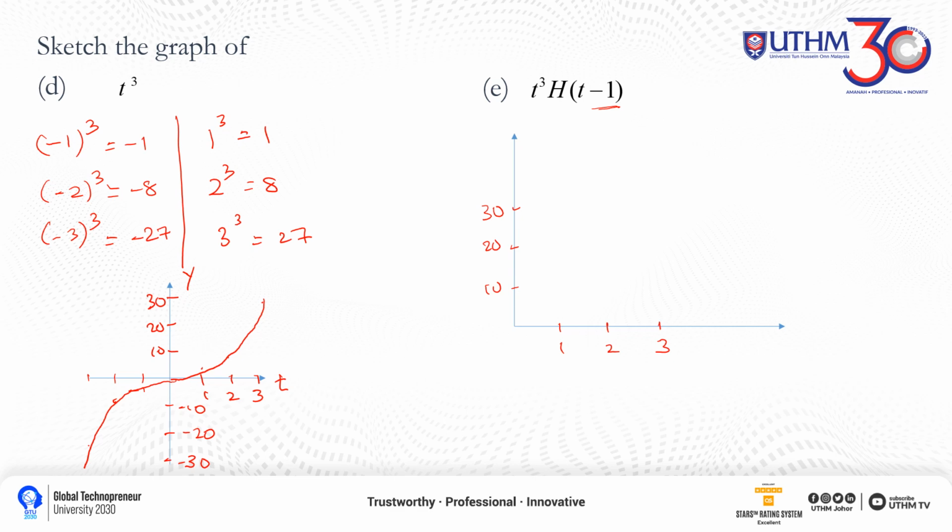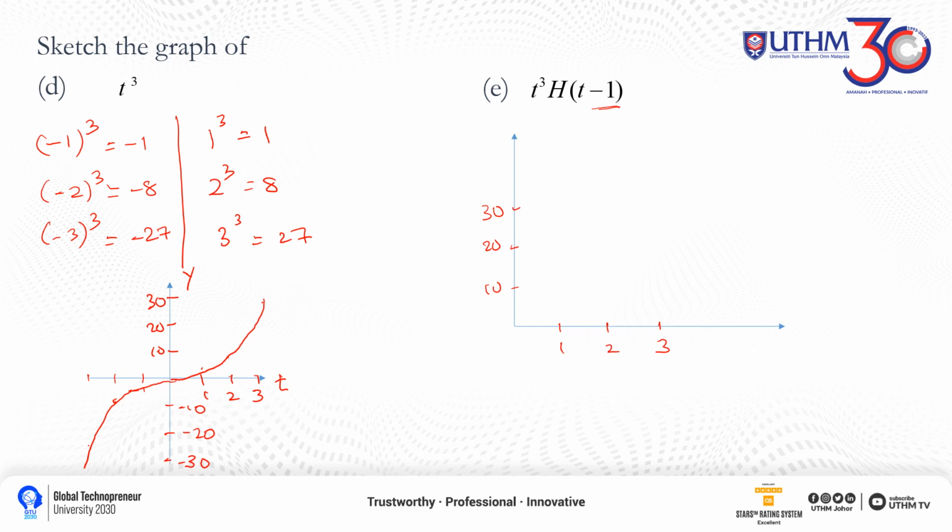So you already know the t power of 3 graph is just like the answer on your left hand side. But you need to start the graph only at t equal to 1. This means that whatever value before t equal to 1, you do not need to draw. You just assume it as 0 only. So your graph is only starting from t equal to 1.